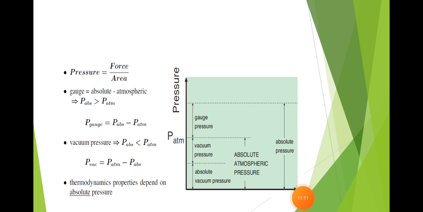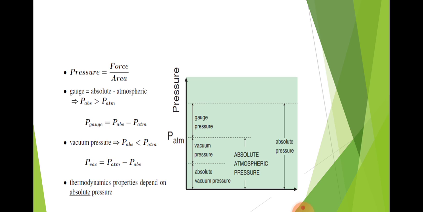So how can we get the actual value of the pressure? In practice, pressure of a fluid is measured by means of instruments known as gauges. Means any kind of pressure of the fluid we can measure with the help of gauges. The gauges which measure the pressure greater than the atmospheric pressure are called pressure gauges.